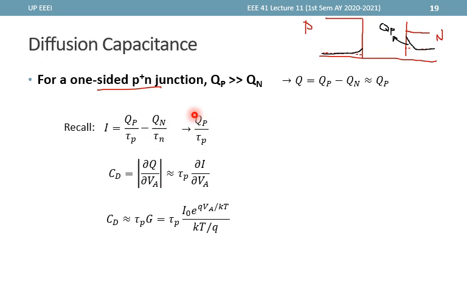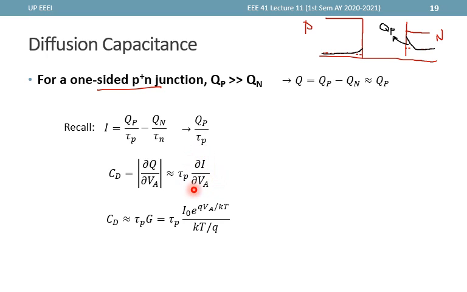So we solve for Q here. Q, which is approximately QP, is equal to I tau P. So if we take the derivative of that, we'll get tau P delta I for every delta voltage VA.